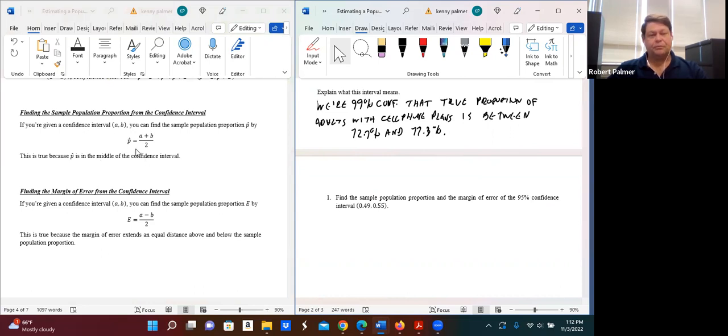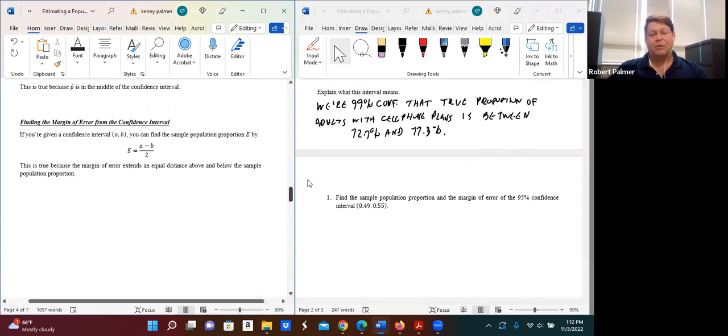Okay. And then if you need to find the margin of error, given just this interval, it's going to be half the distance between the lower and upper bounds. If A is your lower bound and B is your upper bound, then it's going to be A minus B over 2.